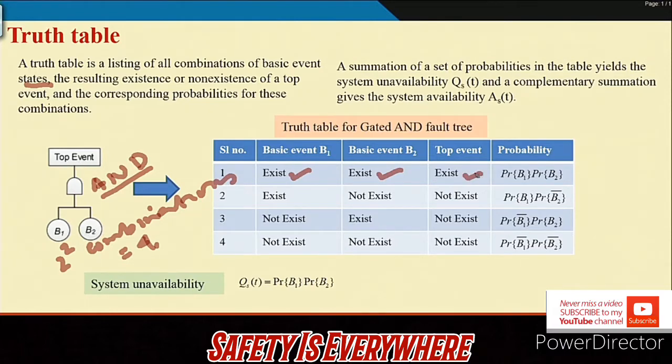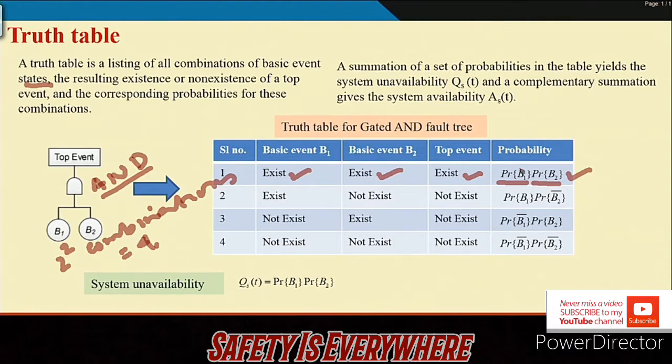So the top event exists. Then what is the probability? The probability of basic event B1 existing is probability B1, and B2 existing is probability B2. As both events are independent and linked with an AND gate, the top event existence probability will be probability B1 into probability B2.